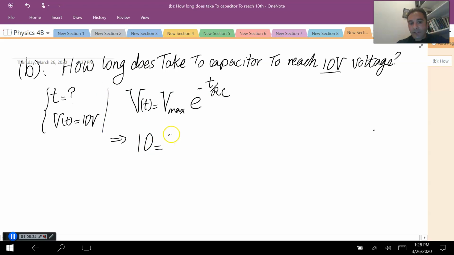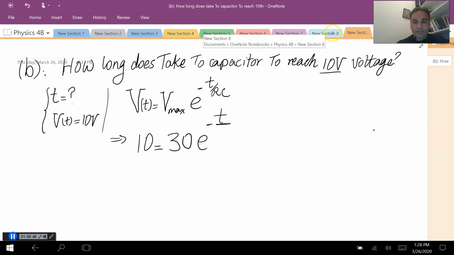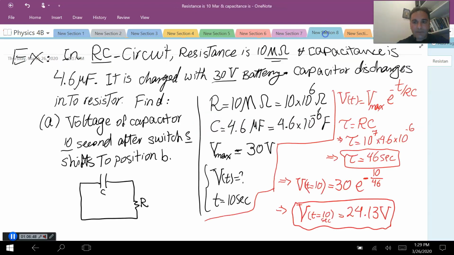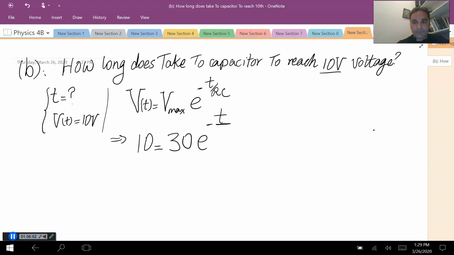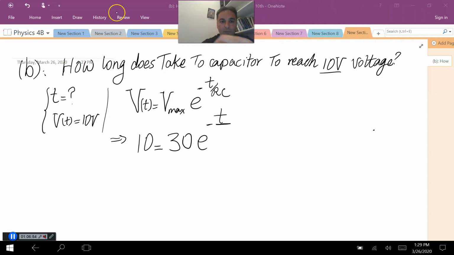Vmax was how much, guys? 30. e to the negative t over RC. It's all algebra. What is RC? We found it, right? It was 46. RC is 46 here, yes?